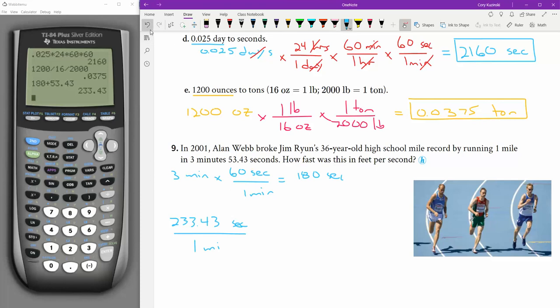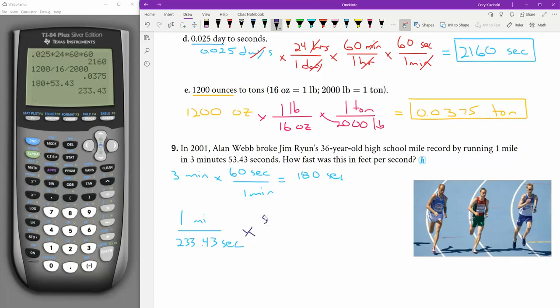You know what? I'm going to turn that upside down. This guy ran 1 mile in 233.43 seconds. Okay, all we got to do is change the miles into feet. Okay.